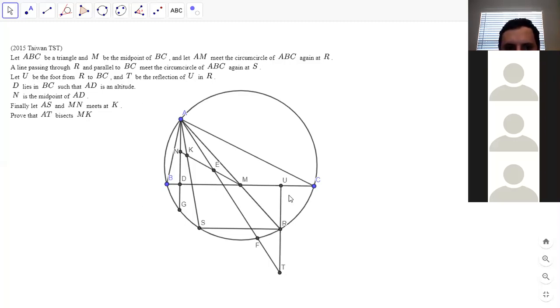So KEM, what if I project KEM and N through A onto UT? So we'd get RT and then some point really far away.